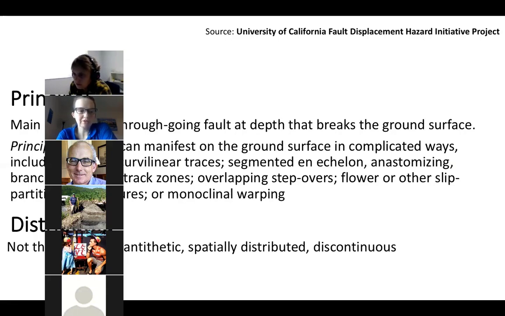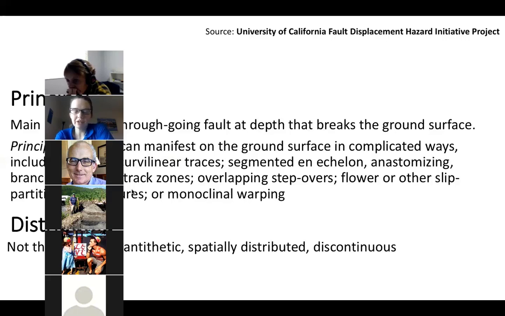A principal fault is the main fault at depth that breaks the ground surface. And there are a variety of ways that this principal fault can be manifested at the ground surface. The most obvious would be a fairly simple or curvilinear trace.